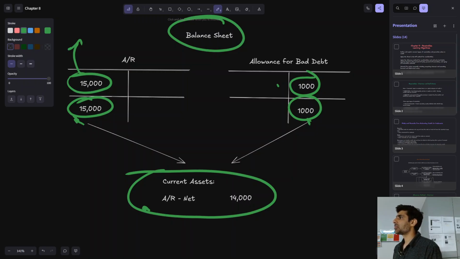It's already there to be affected. You can assume that this is the first year of the business if you wanted to. This allowance for bad debt is going to be a running balance. Maybe it started at zero. It's possible.